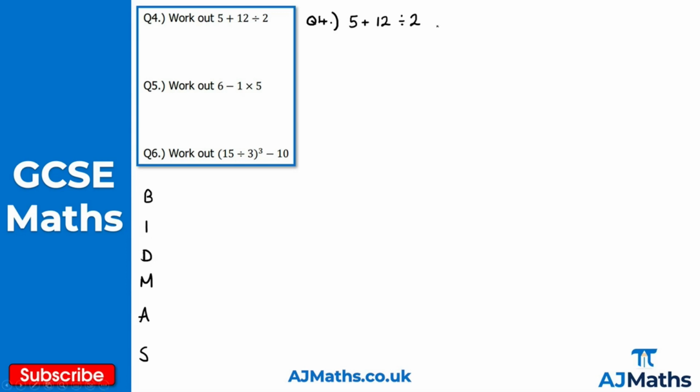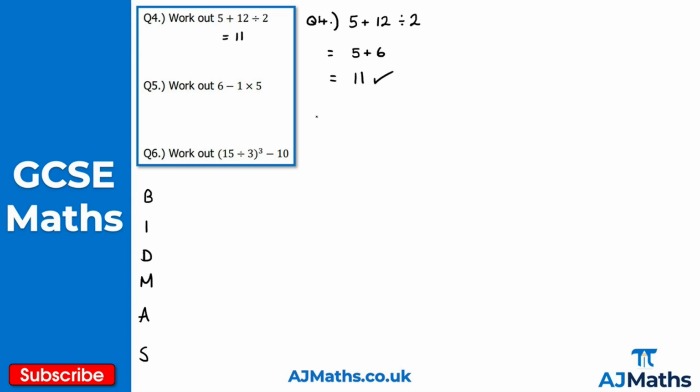I've got 12 divided by 2, which would give us 6. So what I've got then is 5 plus 6. We don't have any multiplication, but we do have addition. 5 plus 6 would give us 11 there. Okay, so the solution to question 4 is 11.